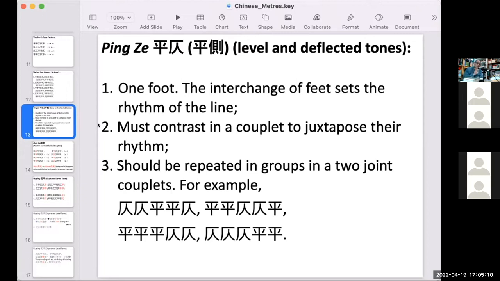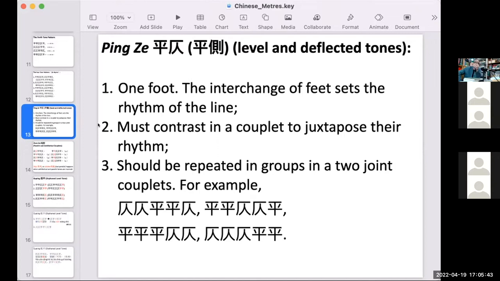If we just say ping, that means it's a disyllabic foot. Disyllabic meaning it has only 2 syllables. But it may come as 3 syllables, like ping, ping, zi, or zi, zi, ping, or ping, ping, ping, or zi, zi, zi, whatever. And in the Tang Dynasty, they also liked to end many lines with a word of 3 characters.